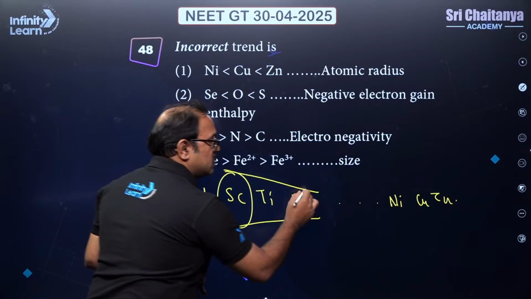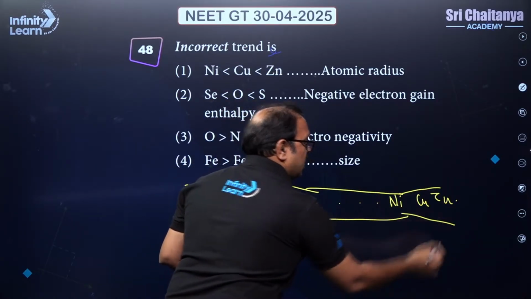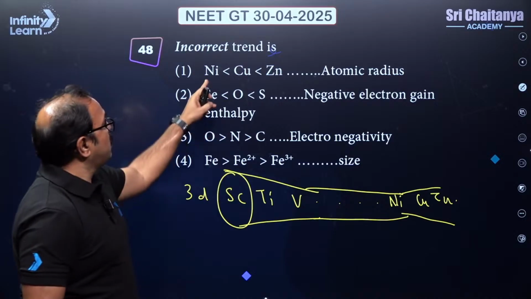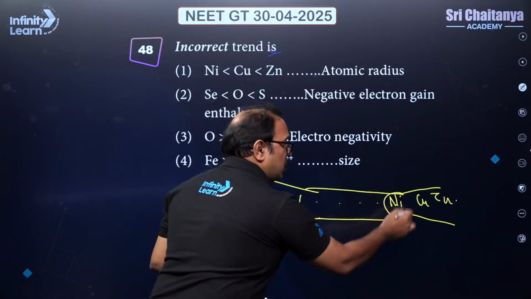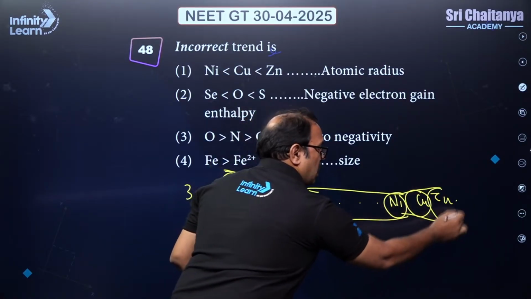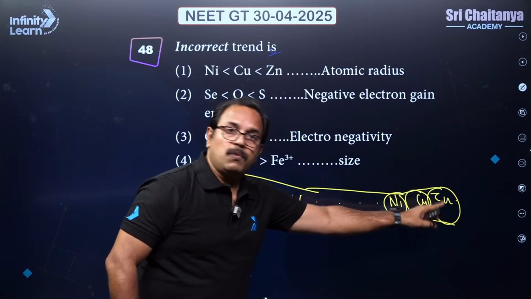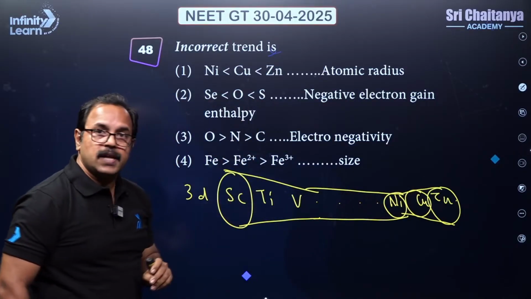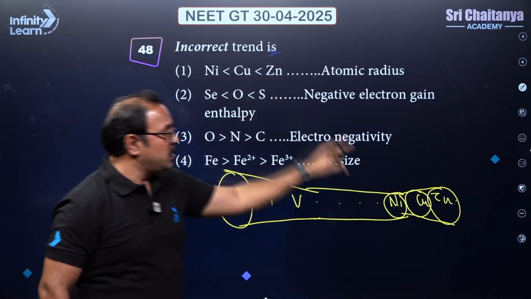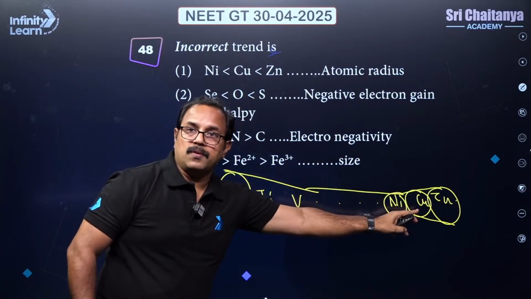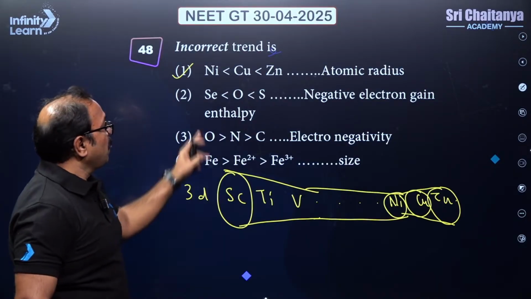Initially there is a decrease in size, then it remains the same, then slightly increases at the end. So here they have given nickel is smaller than copper and zinc. That's right, because of completely filled d, there are repulsions and the size slightly increases, but still zinc will have smaller size when compared to scandium. So the first option, nickel less than copper less than zinc, is right, as I have drawn the size. So this first one is the correct one.